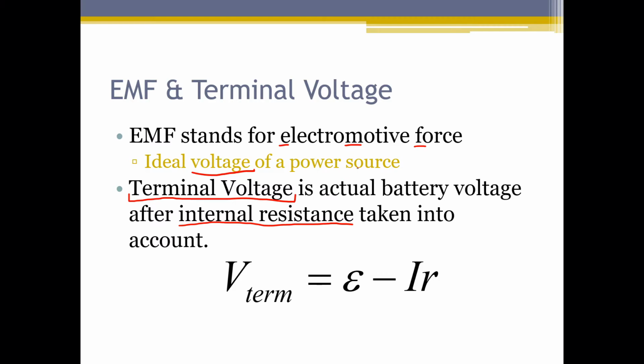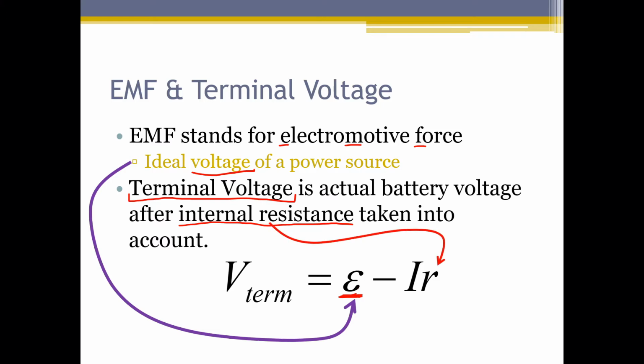So to calculate terminal voltage, we use this equation, where this symbol here is our EMF. That's the ideal voltage of our battery. If you had a 1.5 volt battery, its EMF would be 1.5 volts, in other words its ideal voltage would be 1.5 volts.